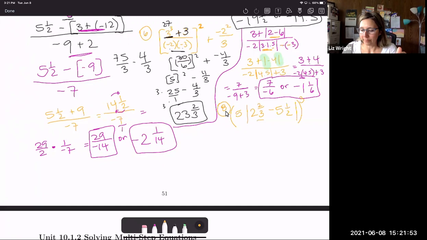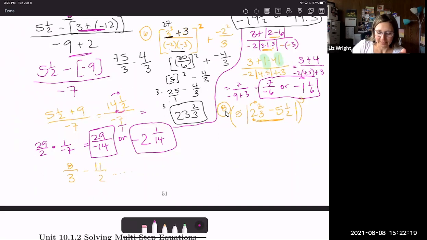Let's work inside here first. We're going to do some subtraction. I'm going to do a little side work over here because I see that I'm going to have to get a common denominator, and I'm going to change them into improper fractions. So 3 times 2 is 6, plus 2 is 8. 8 over 3, and I am subtracting 5 times 2 is 10, plus 1 is 11 over 2.